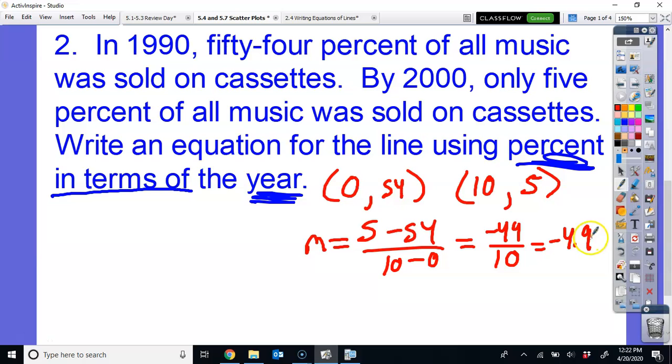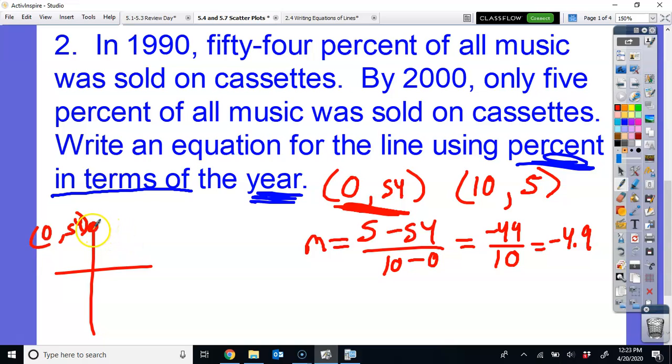So that's my M. Now here's the other cool thing about making 1990 the beginning year. That means that this right here is the beginning amount. Or in other words, 54 is my B, because that means my y-intercept is up here at 54. 0, 54.